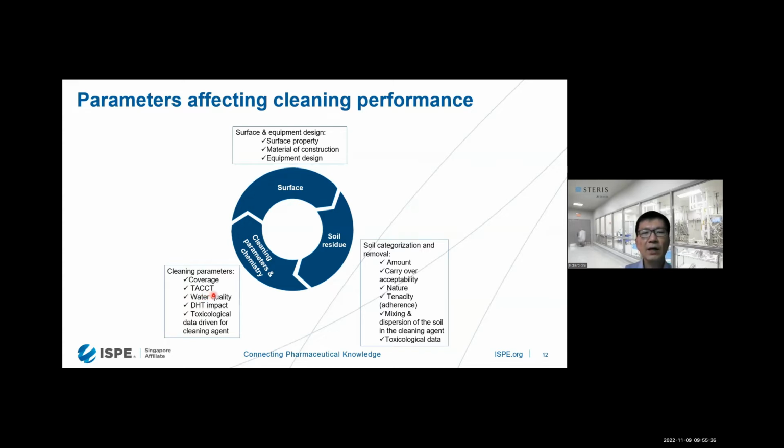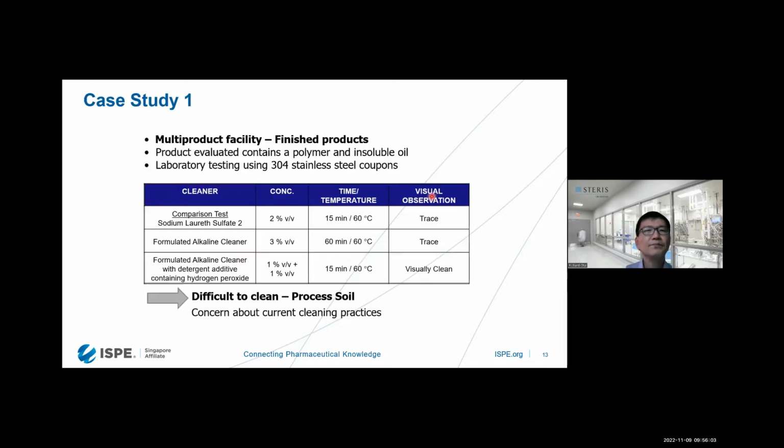So these are critical parameters: water quality, dirty hold time, and also the toxicology data for the cleaning agent if you're using one. Soil characterization as well, soil residue. You need to understand the kind of soil that you are going to remove. So all of this needs to be understood and designed into the effective cleaning parameters.